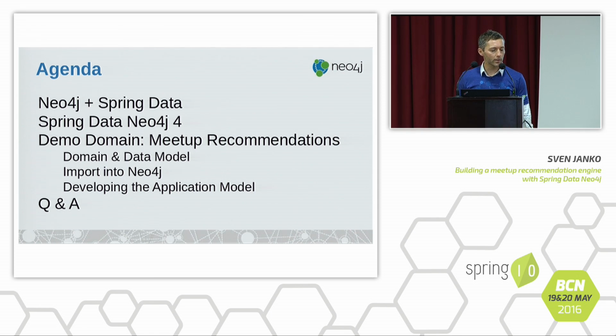And after that, we will see what our domain model looks like, and then, building upon that model, some recommendations with the Cypher query engine. And after that, of course, we will also have some time for questions, if you wish.